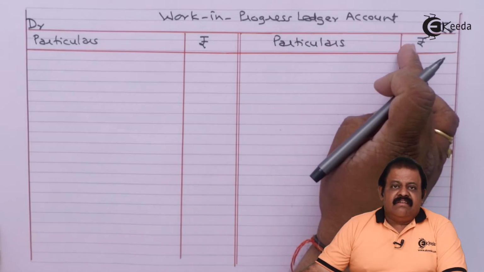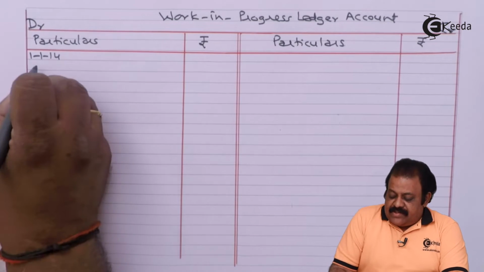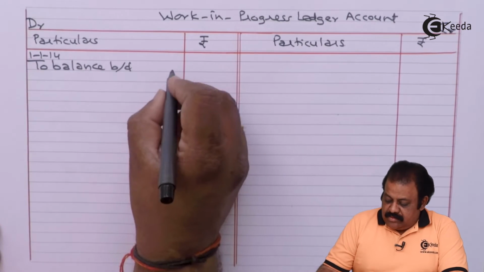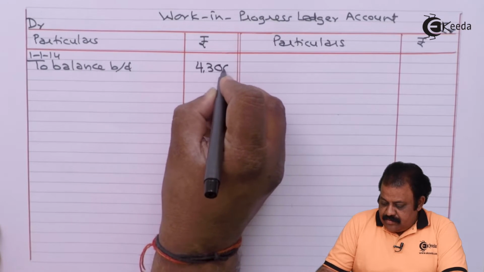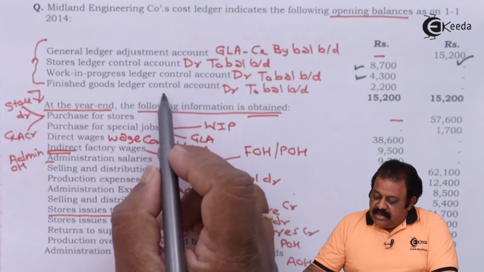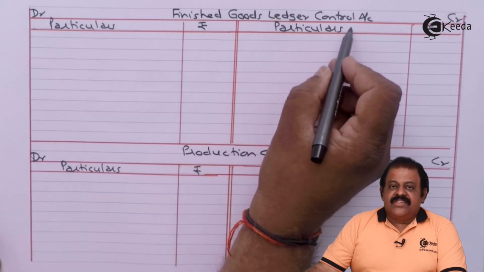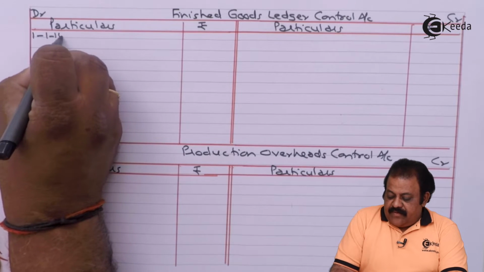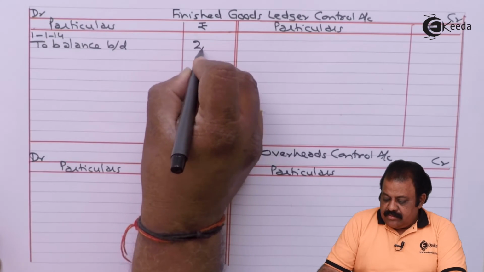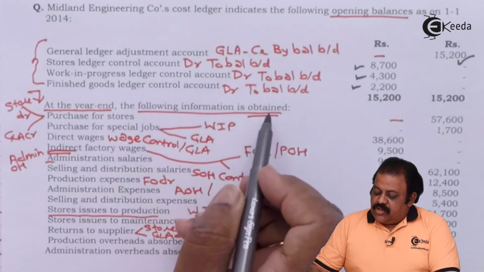Work in progress ledger control account as on 1st January 14, opening balance to balance brought down 4,300. Next we have finished goods ledger control account 2,200. Finished goods ledger control account 1st January 14 to balance brought down 2,200.